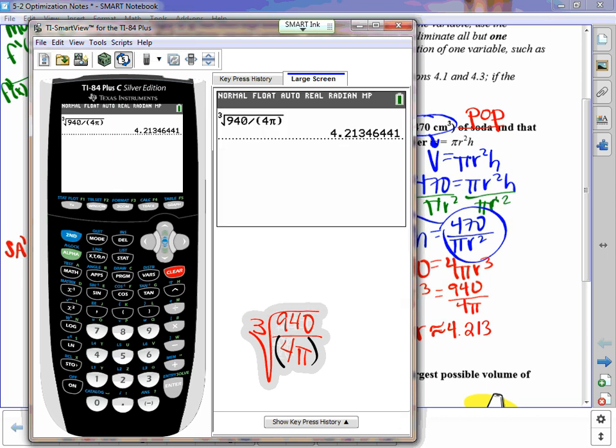I want to make sure I use this full decimal, not the rounded value, because that can really throw off your answer. So I'm going to take this and store it, STO. I'm going to store it in for r, just because that's what it represents. You can choose whatever letter you want. Alpha, I think this one's r. Yep. So then when I go to find my h value, I can just type in 470 divided by parentheses pi alpha r squared.